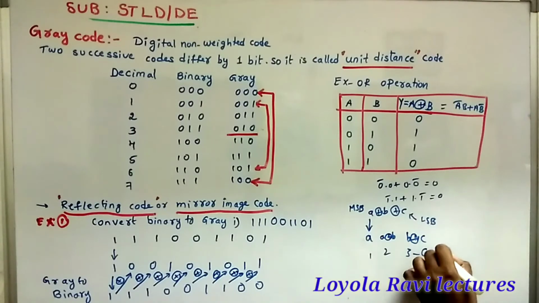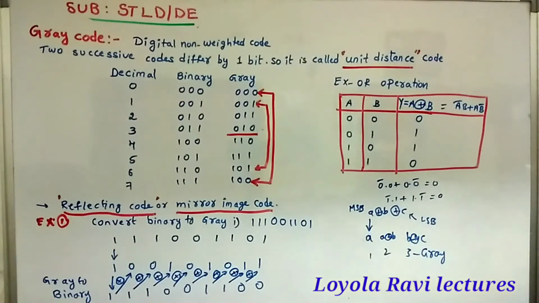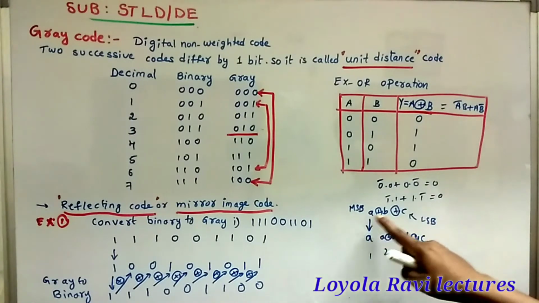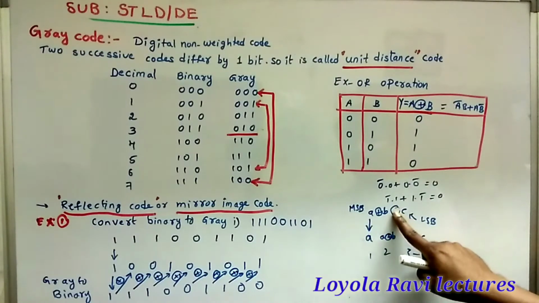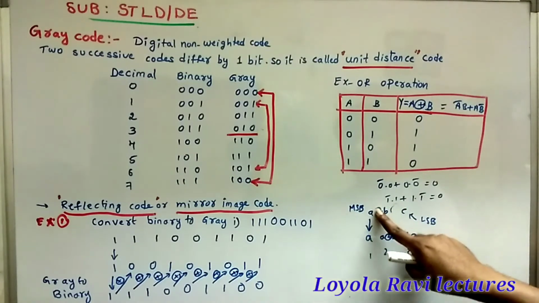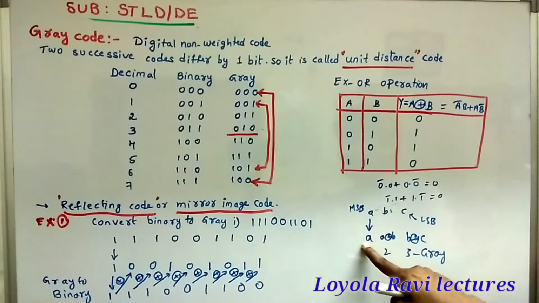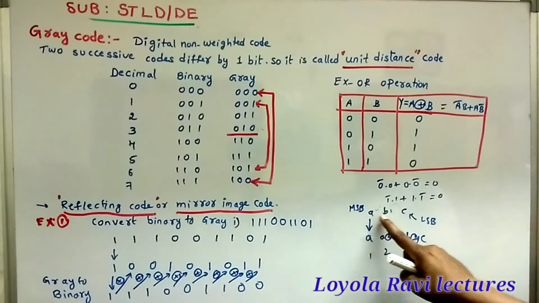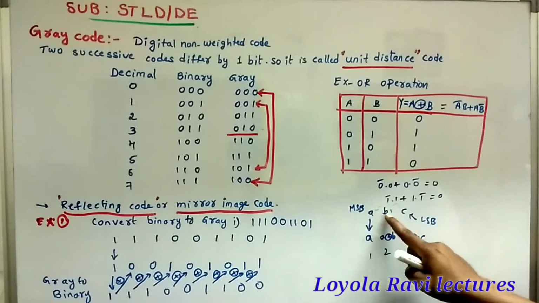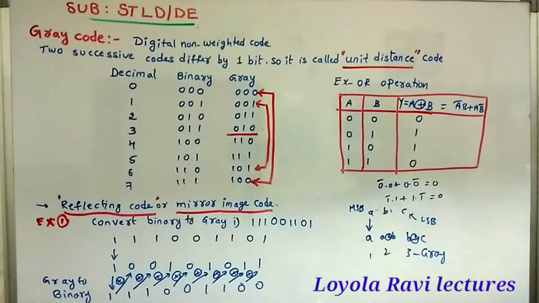This is the Gray code. I am taking ABC as the binary number. Then A as it is, the MSB bit as it is. Then perform XOR between these two: A XOR B is the next bit, B XOR C is the next bit. This is the conversion from binary to Gray.